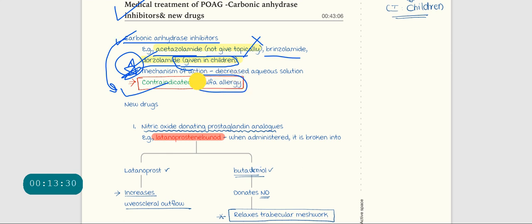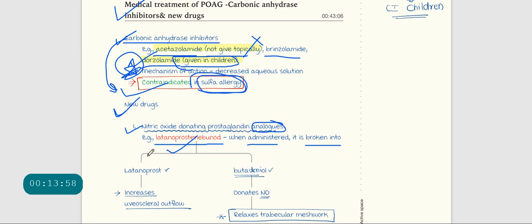Now, what are the new drugs for the treatment of primary open-angle glaucoma? These are nitric oxide donating prostaglandin analogs. Okay, for example, latanoprostene bunod. Okay, latanoprostene bunod, and this is administered as a prodrug.